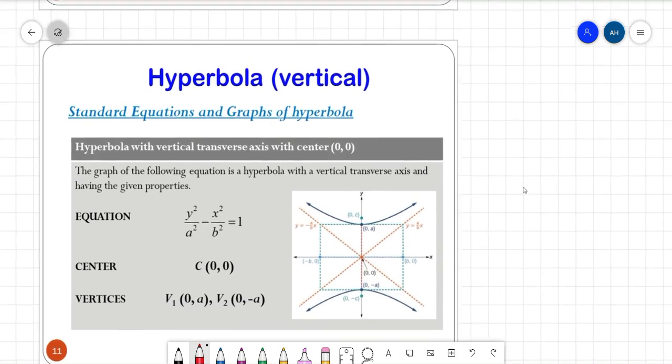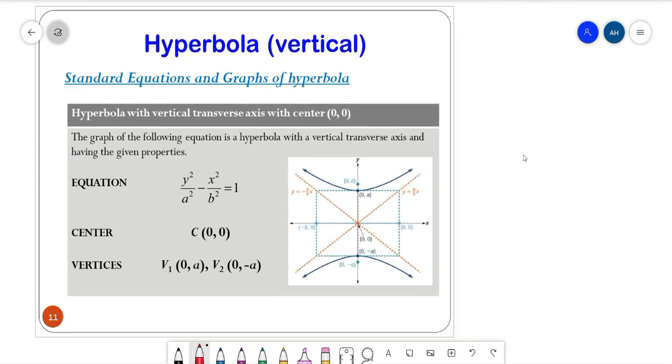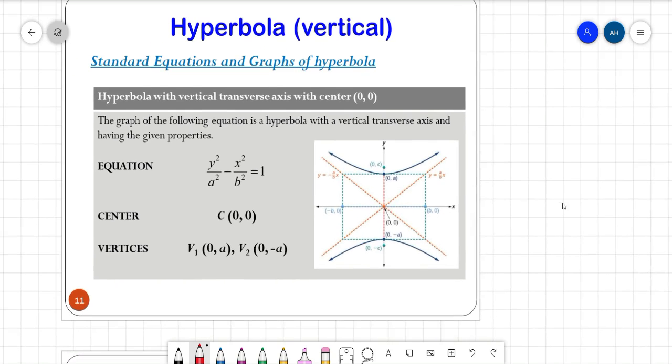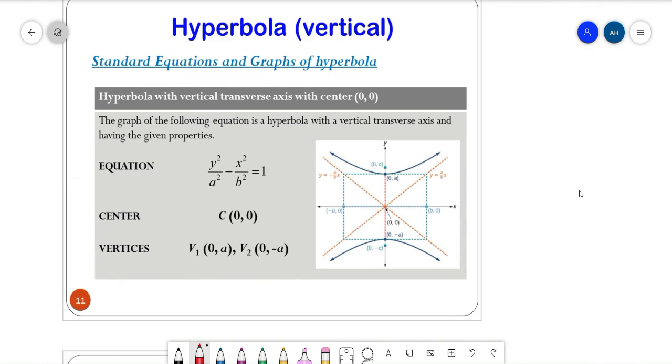Now, the other type of hyperbola, the other orientation, that is facing up and facing down, where in this case we have a hyperbola with vertical transverse axis, center at 0, 0. You see here in this diagram, we have the hyperbola.